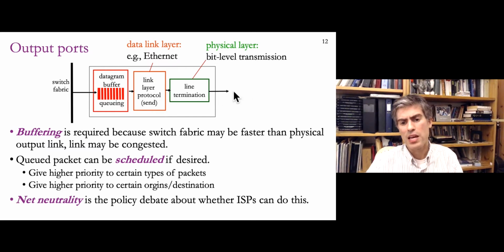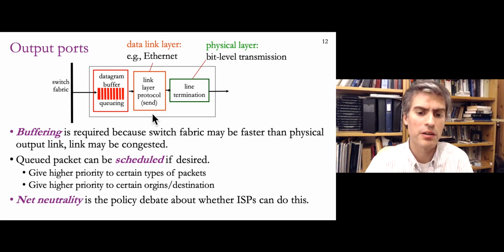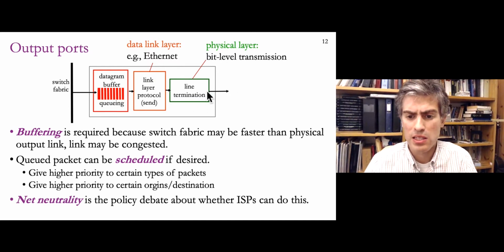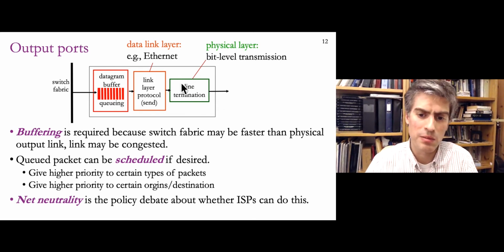But this output line usually has a fixed bit rate, and a link layer protocol may also have rules for waiting to send if the output line is busy, like for example when using radio. We'll talk more about link layer later. But for both of those reasons, packets might need to wait before they're sent. So there's queuing here. If the output line has limited speed and more data is coming in than can be sent, it will get queued up in this queue.